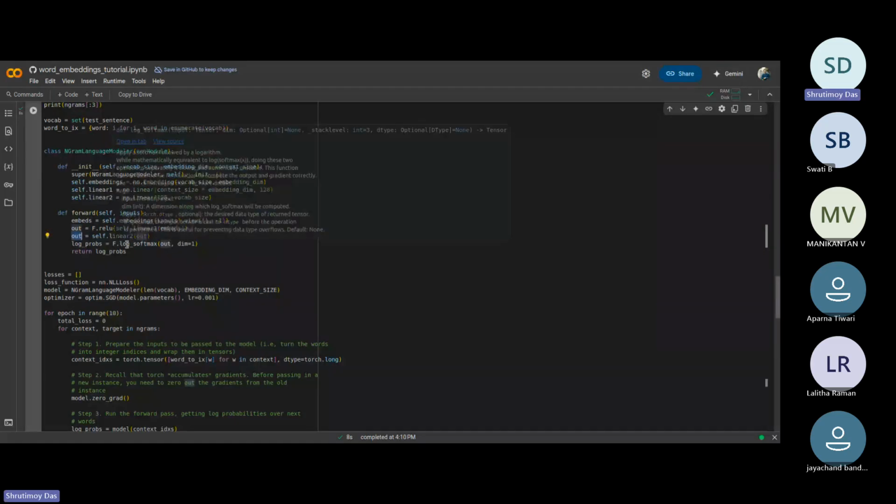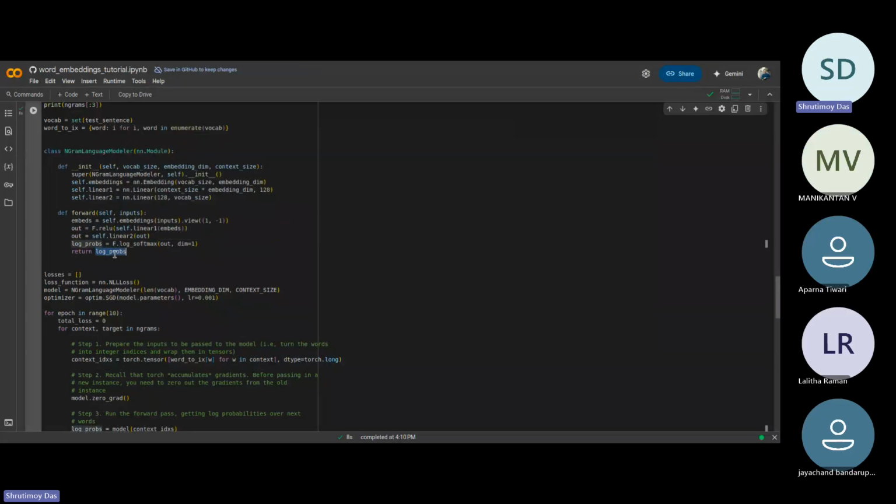Here PyTorch uses something called log softmax for computational reasons. You can think of this as the softmax that we have. And then your network outputs these probabilities.